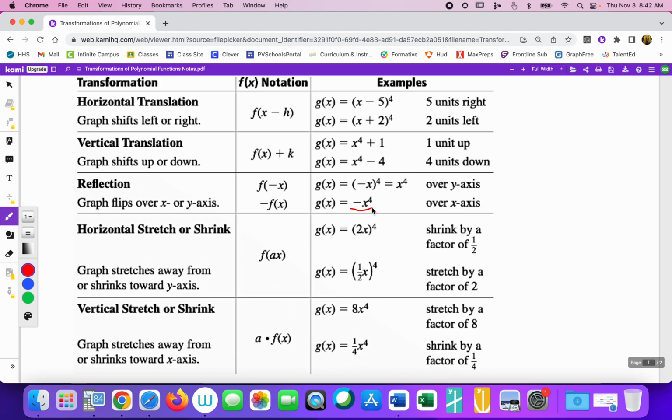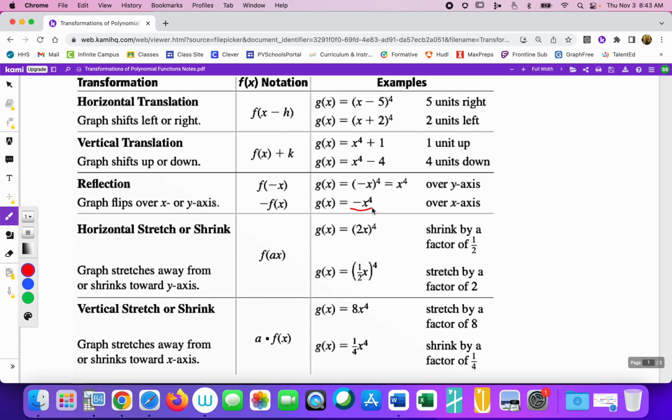Over the y-axis, the negative would have to be within parentheses with x. Okay, so there's a difference there. So that would reflect it across the y-axis. That's a little bit less seen, okay, but it happens. So it's just where the negative's located. Inside parentheses over the y-axis, outside parentheses over the x-axis.